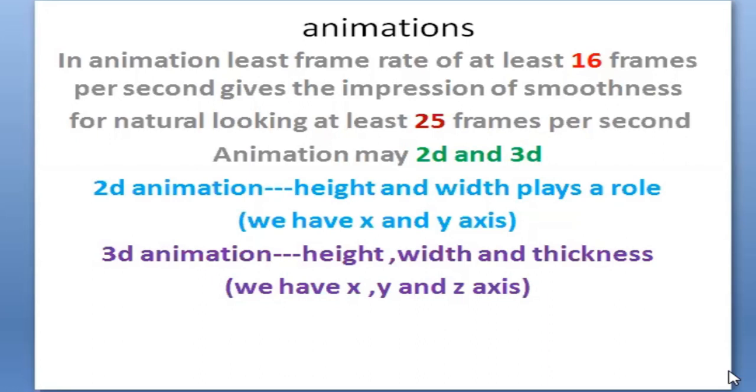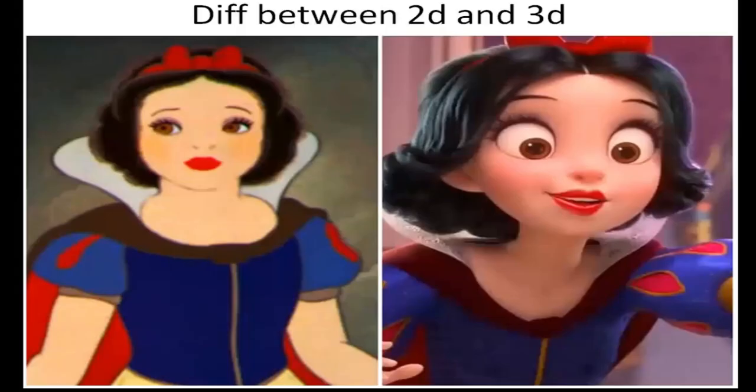In three-dimensional animation we have height, width and thickness, so we have three axes here: x, y and z. Look at the screen here. There is a difference between 2D animation and 3D animation. In 2D animation, the image looks very flat, whereas in 3D animation, the image looks very thick and bold.